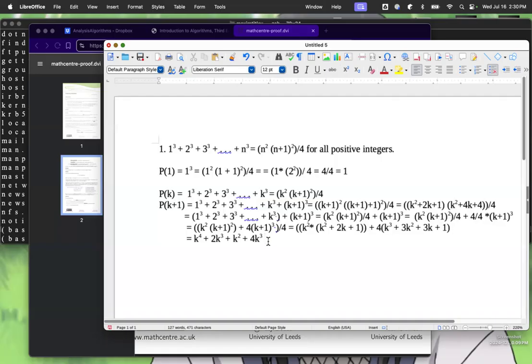Then this part here is going to be 12k squared plus 12k plus 4.